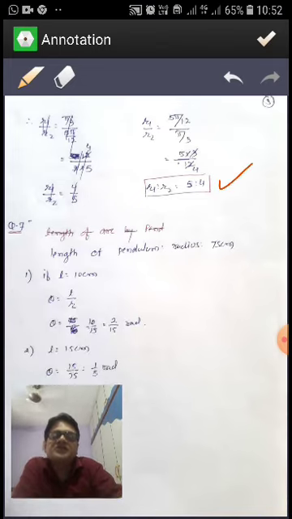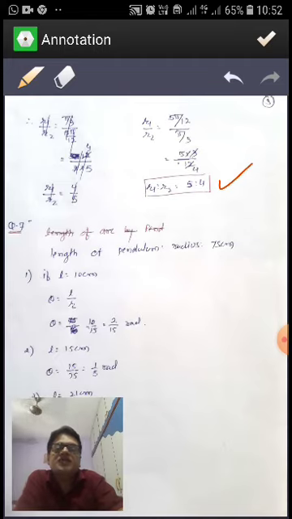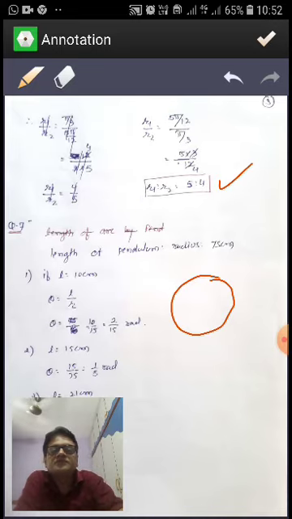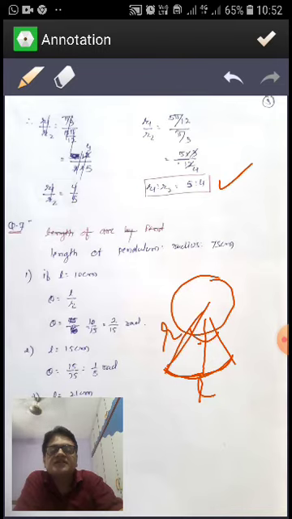And question 7 is very simple question. You are given the length of the pendulum. Length of the pendulum means, suppose this is a clock, and you know that there is a pendulum in a clock. It moves like this. So this length of the pendulum will be radius, and this is length of arc, and this is the angle subtended at this center.